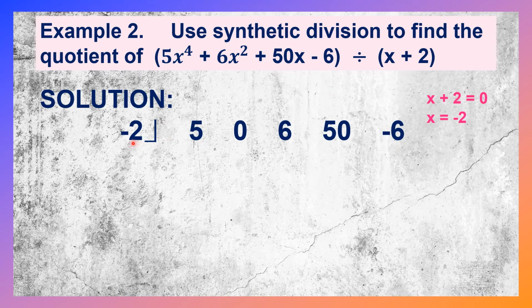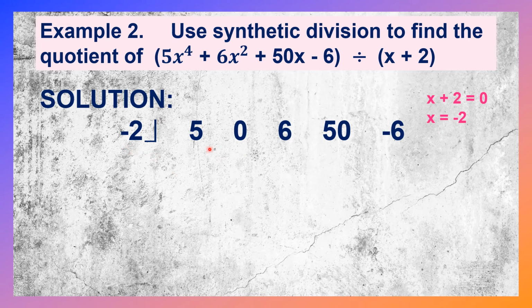Then for our divisor, we will equate x plus 2 to 0. So, solving for x, we need to transpose positive 2 to the other side of the equation. So, we have now x equals negative 2. Therefore, our divisor here is negative 2.